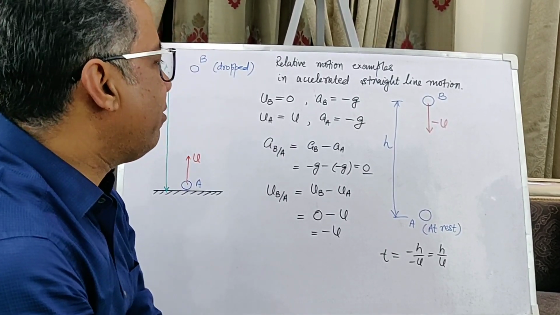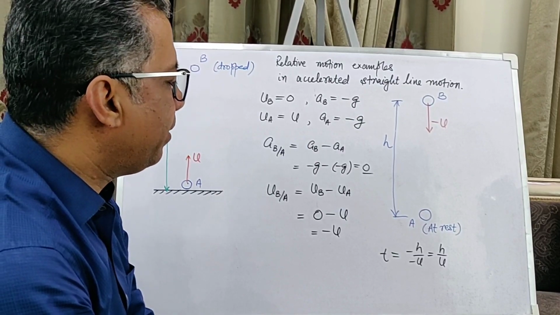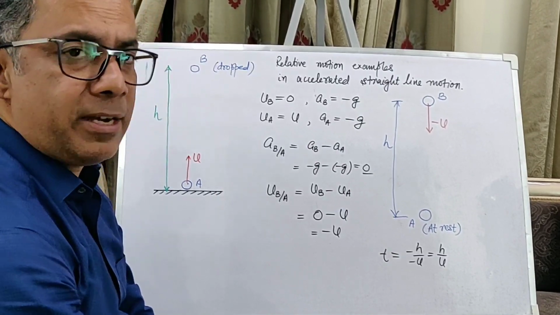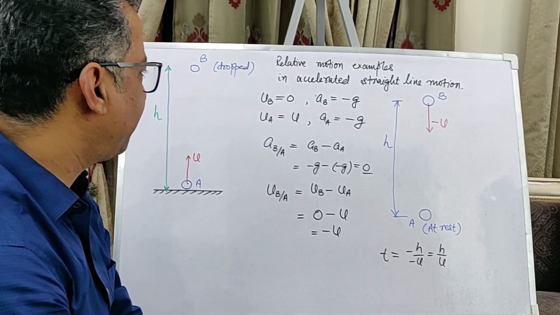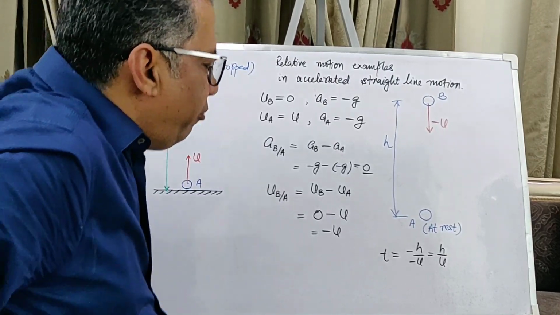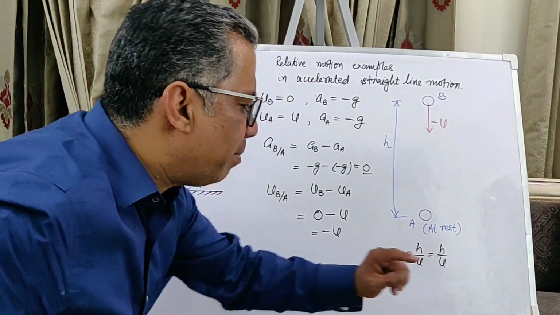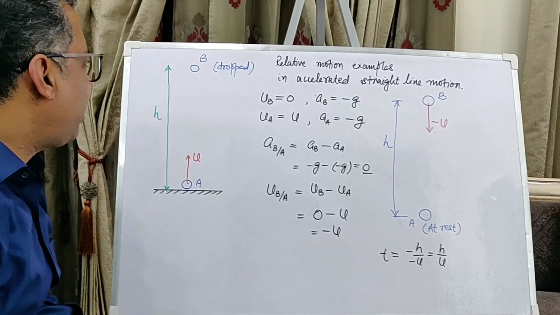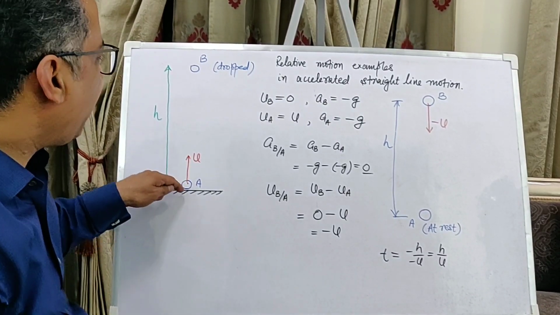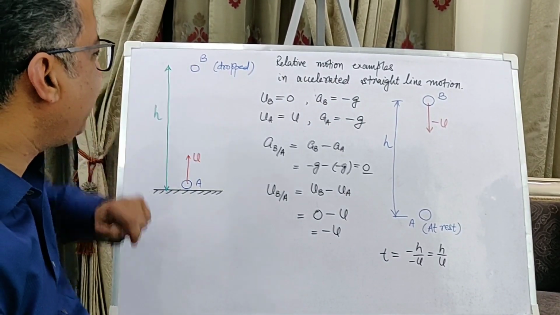The second thing we are interested in calculating here is the height at which this collision happens. Now, we've calculated the time after which collision is taking place. Now what we can do is, motion of B is very easy to understand.